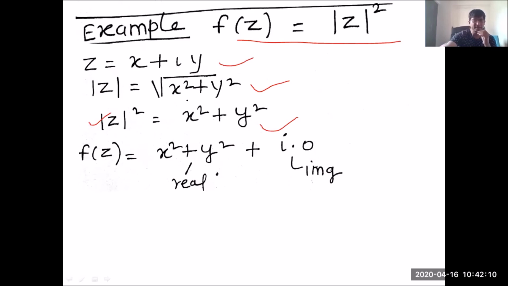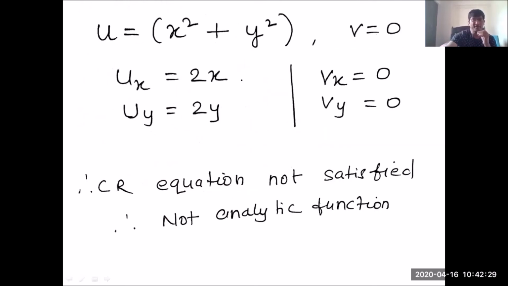Now among this we have only the real part. The real part is defined over here as this, and since it does not have any imaginary part, we can define it to be i times 0. So this becomes the imaginary part. Doing the same thing again, u is this and v is 0.